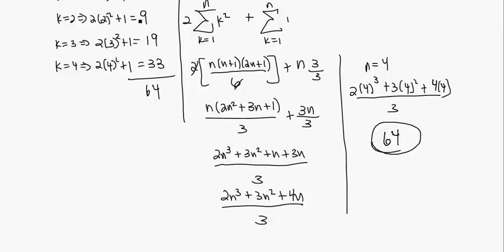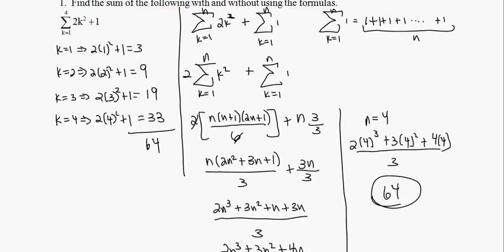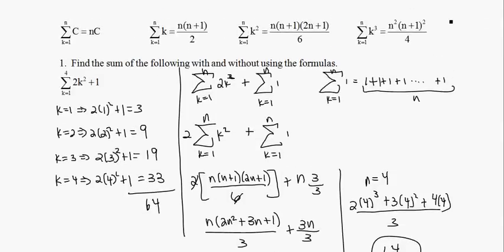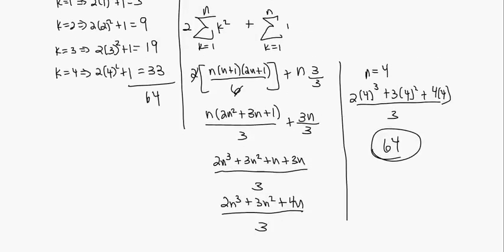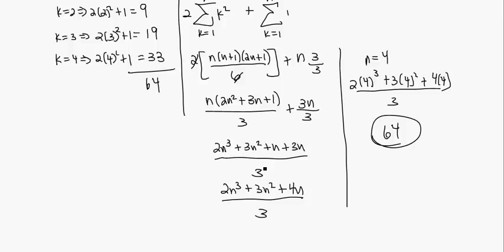So I can do it the really slow way, which is by writing out all the different terms, all 4 terms, and get the sum. Or I can use these formulas that are at the top of the page, use these formulas, simplify them, and if I simplify them, I get a much neater expression where I can just plug in any number of terms that I have, and that'll give me the sum.